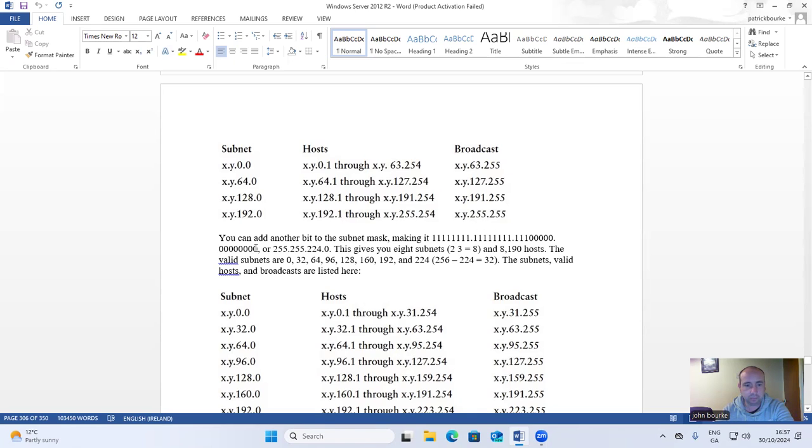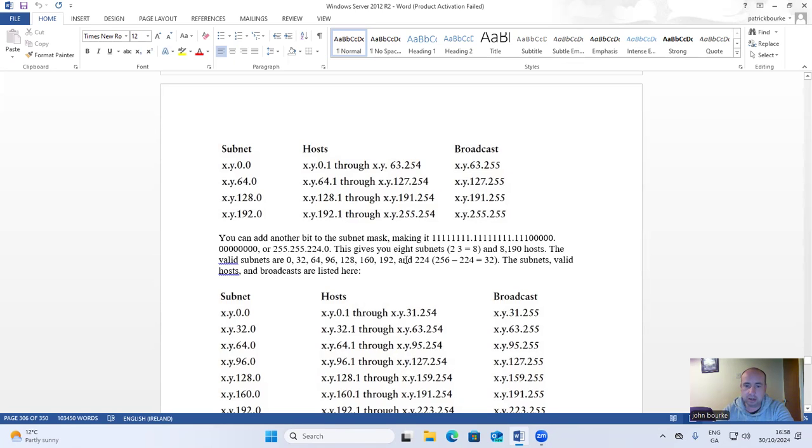x.y.255.255. You can add another bit to the subnet mask, making it 11111111.11111111.11100000.00000000, or 255.255.224.0.